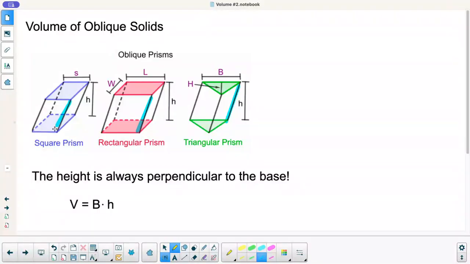That is wrong. Don't use those. The height has to be vertical and 90 degrees from base to base. So I put here the height is always perpendicular to the base, or base to base. I guess if it's a slanted cone, there's no other base, but yes.